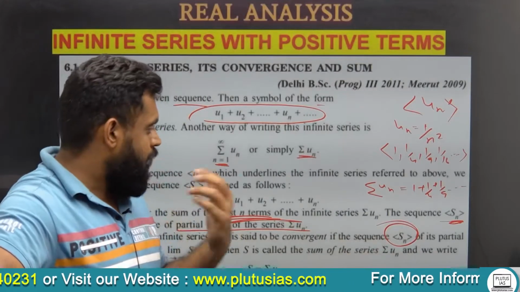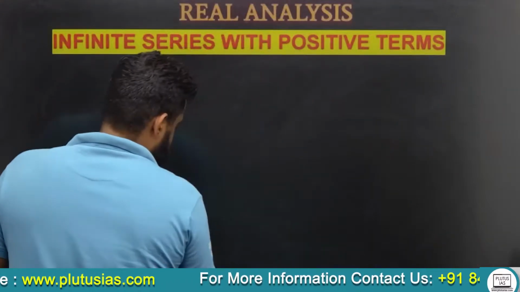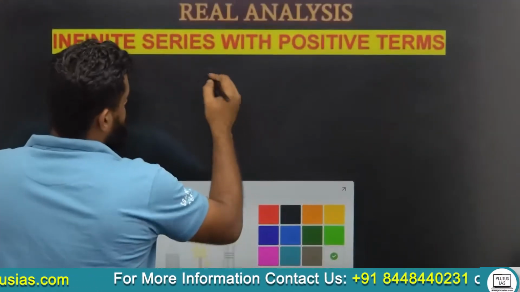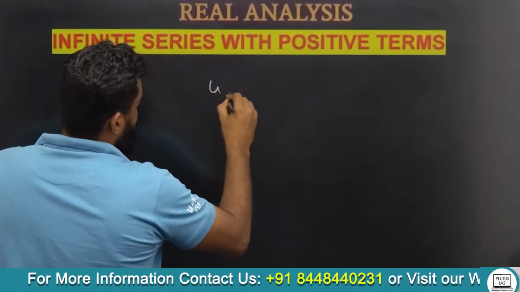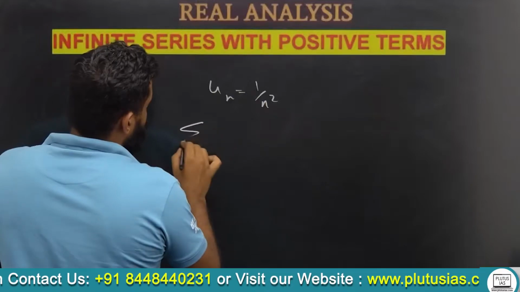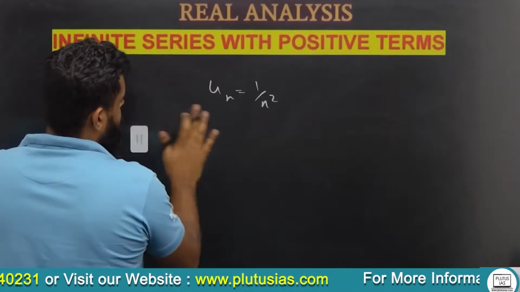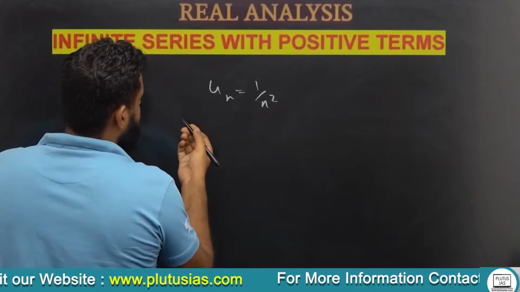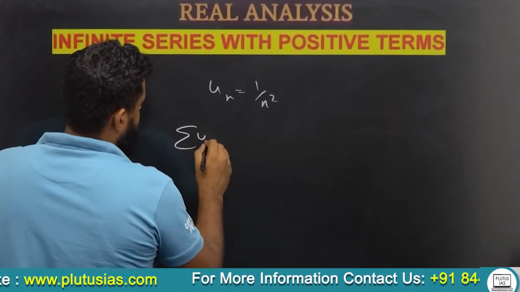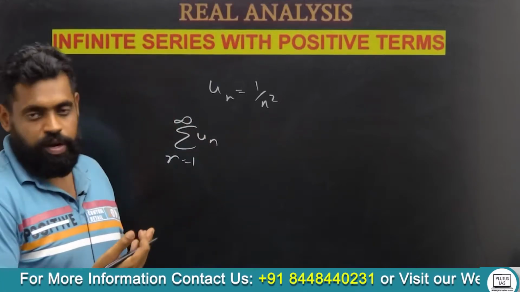Okay, I'll explain it here. Suppose we have taken this example that un is equal to 1 upon n square. Okay, suppose we need to find whether the series, the summation of this, converges or diverges.